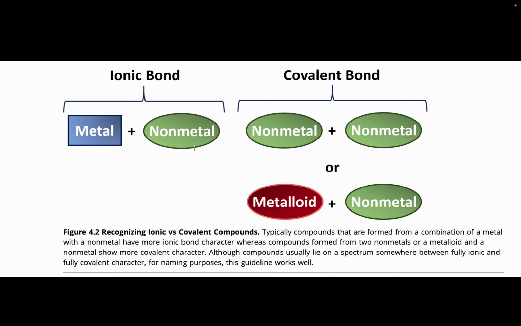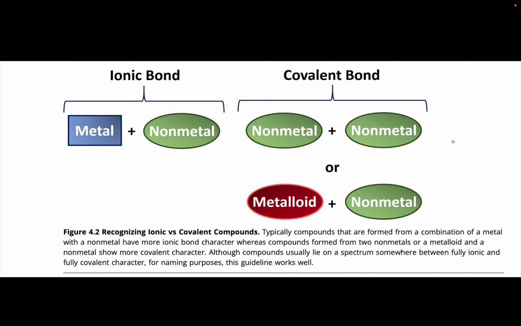Now, this nonmetal can be a halogen or one of the nonmetals on the right side of the periodic table, or it can be a polyatomic ion. So it would be an ionic compound, a metal plus a nonmetal, even though there may be covalent bonds within the anion, because the metals always have a positive charge, the nonmetals will have your negative charge, and the result is that we have an ionic compound.